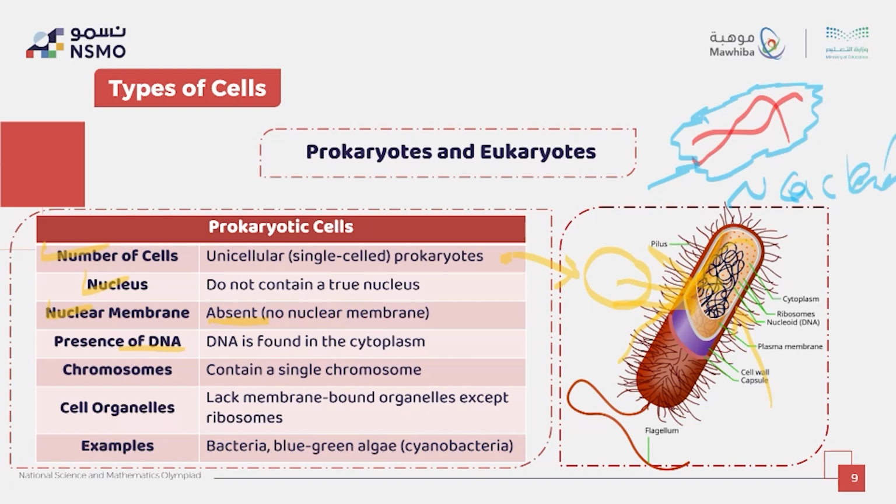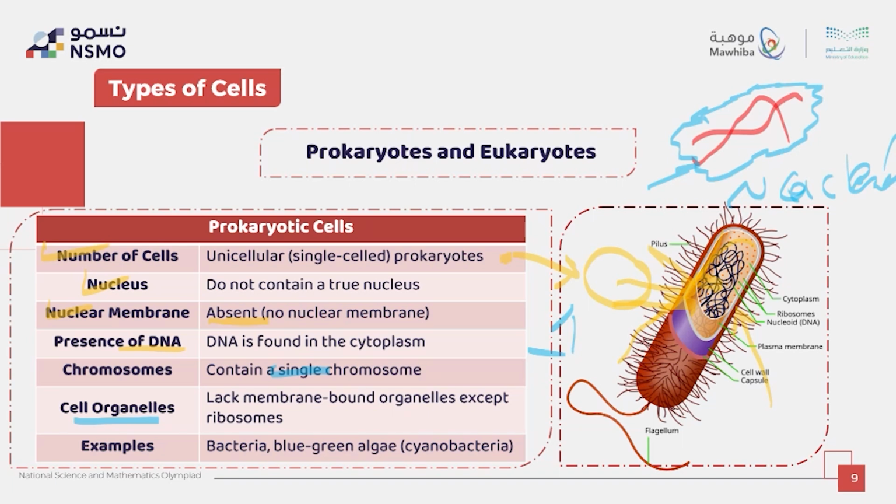The fifth one, chromosome. How many chromosomes does it have? It only has a single chromosome because it's only one cell. The other one is cell organelles.